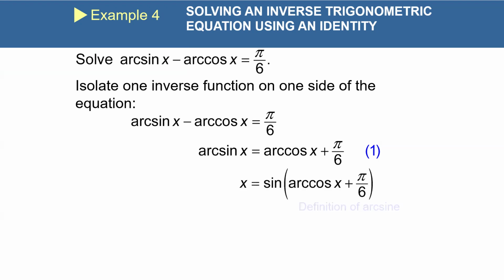Now we're going to take the sine of that whole thing, because in order to get rid of arc sine, we have to take the sine. The opposite of the inverse trig is the regular trig, right?